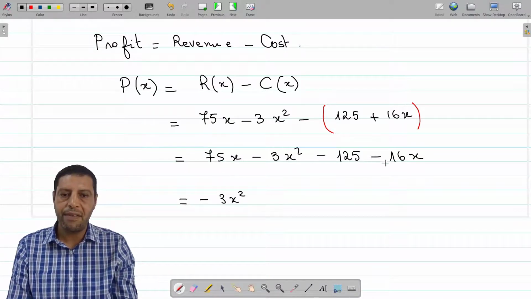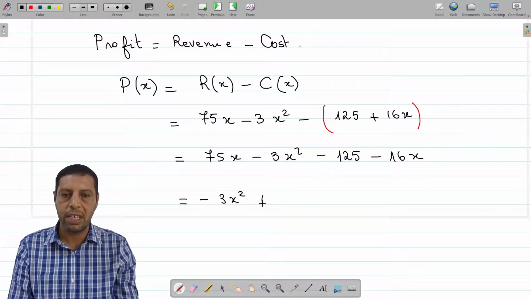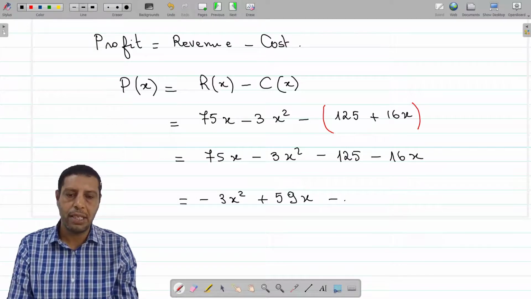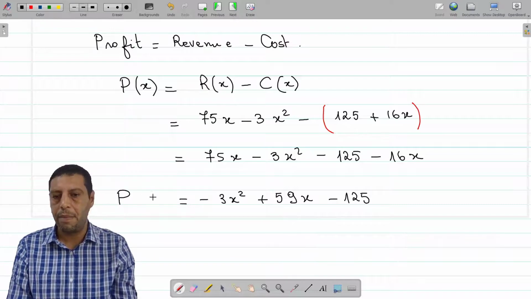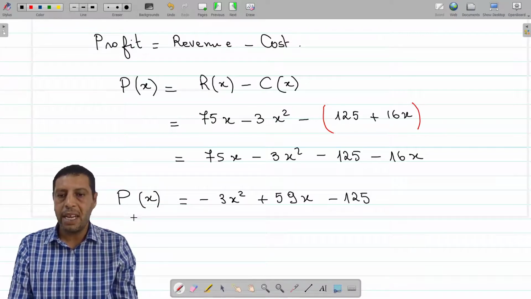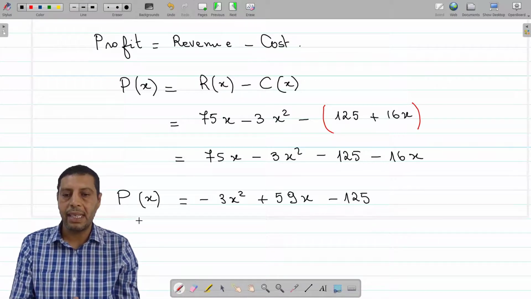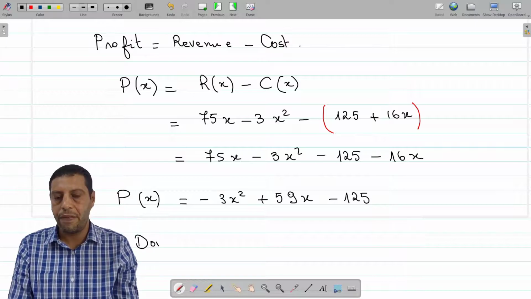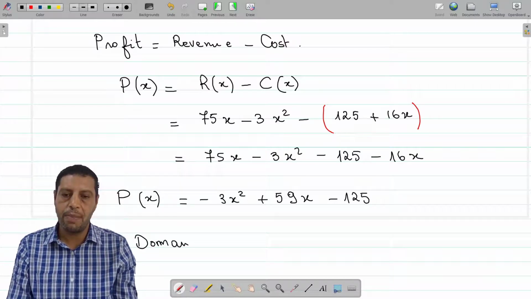We have 75x minus 16x, which gives plus 59x. And at the end, we have a constant, which is minus 125. And this represents your profit function, P of X, okay? The domain of the profit is, as I said, the same as the price demand equation. So the domain of your profit function will keep the same interval, 120.